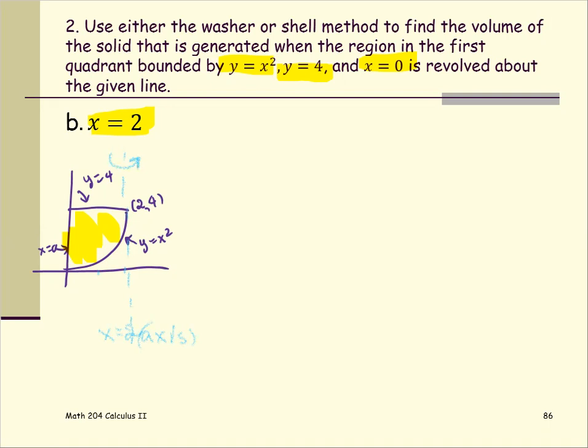We're going to start with the slicing technique. We know the axis is the vertical line, so we perform the cross section perpendicular to the axis of revolution.